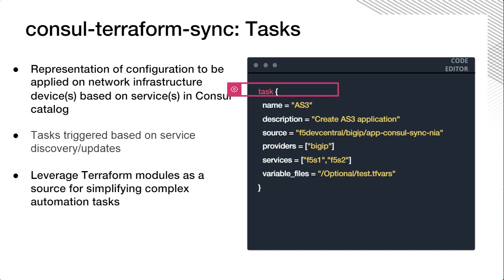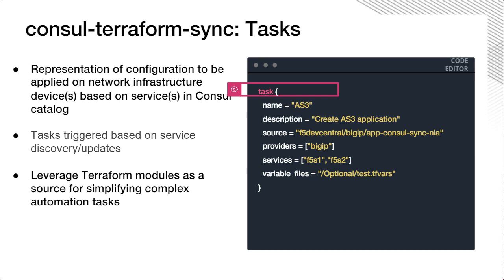I'm going to use the Big IP provider that we defined in the last block, and then I have my services. If I have S1 and S2, anytime there are changes made to those, so if I scale them up or down, or add an additional one, I'm going to ask it to execute this task, and it's going to use that TFRs file to authenticate.